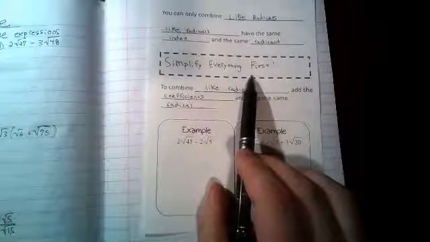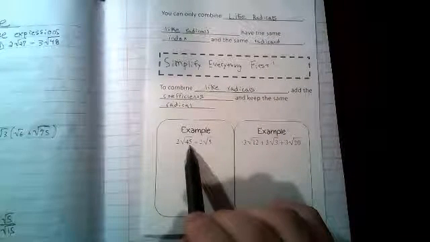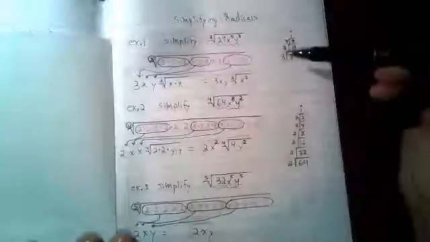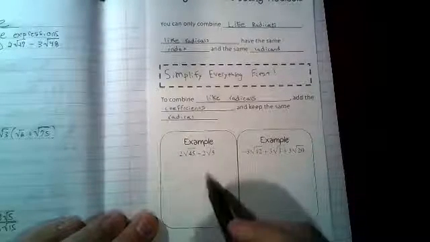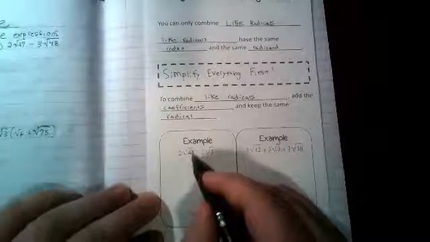So we're going to simplify the square root of 45. Simplifying, if you look back here, means that we find the prime factorization and then write it out and start taking out groups of whatever the index is, and in this case the index is empty, so it means it's 2. So my first step is to find the prime factorization of 45.